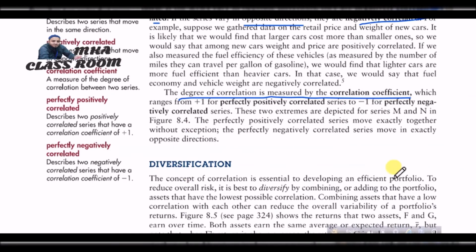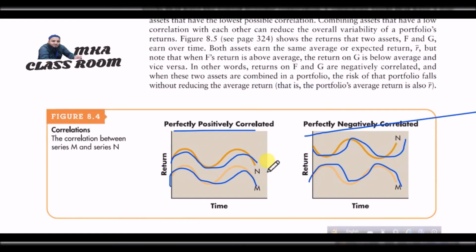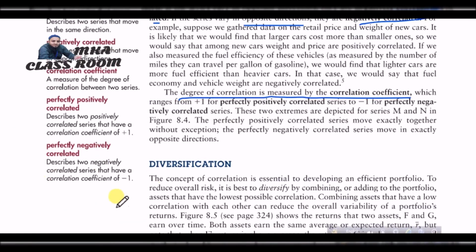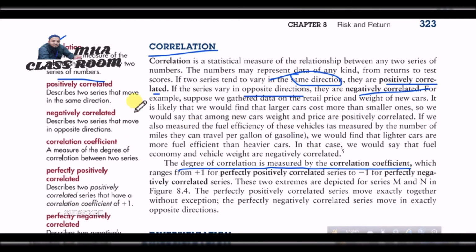Here we are seeing examples of perfectly positively correlated and perfectly negatively correlated series. So correlation means the relationship between two series of numbers or two assets. It is of two types: positively correlated and negatively correlated.